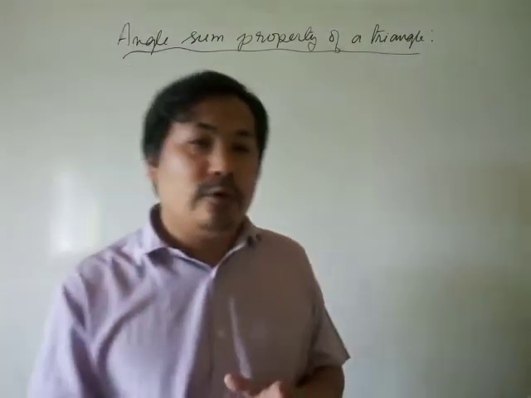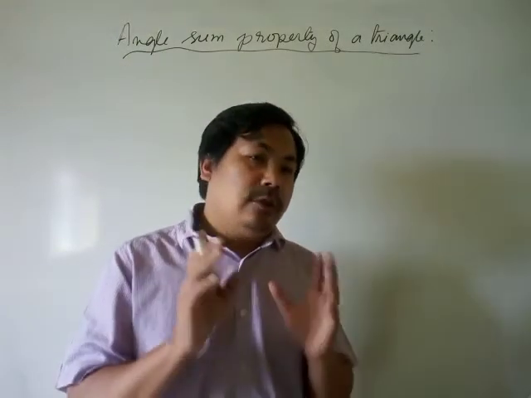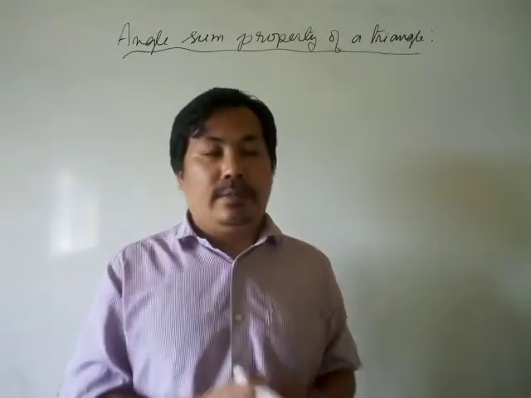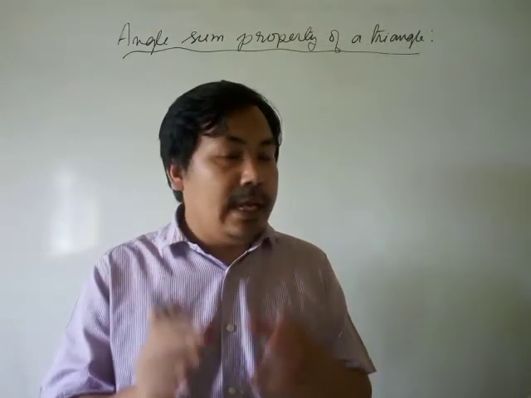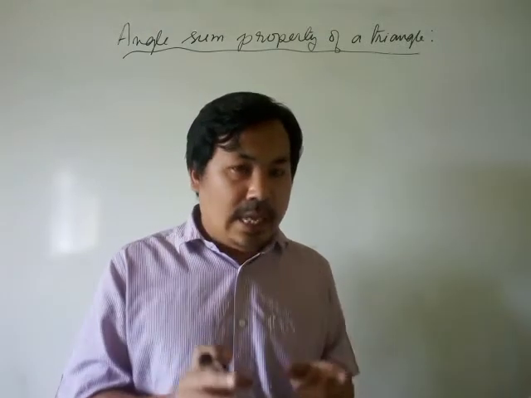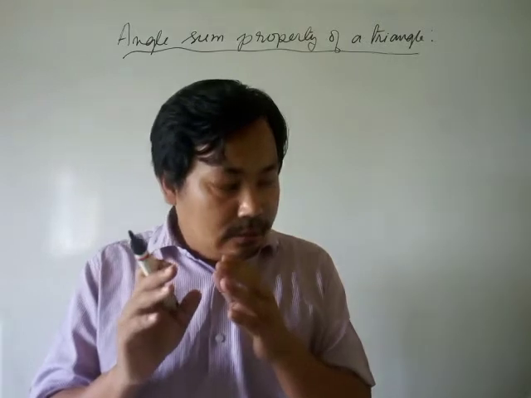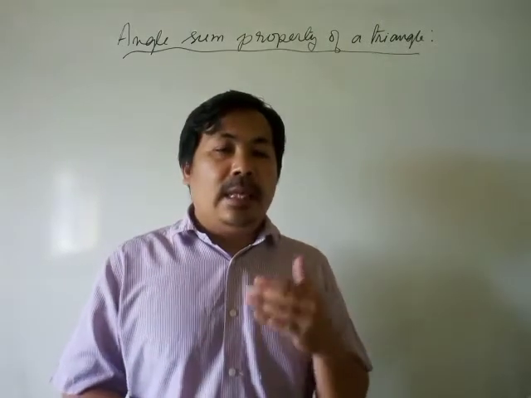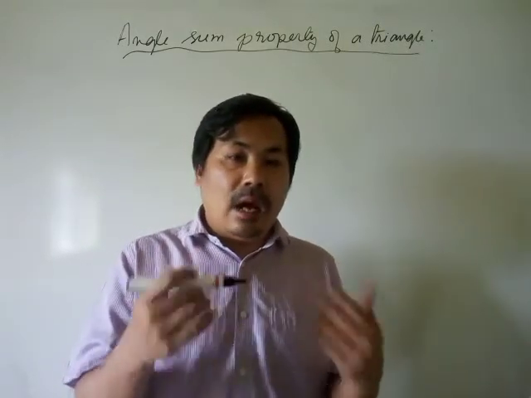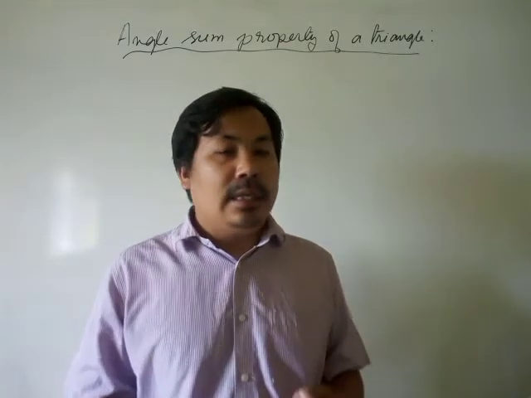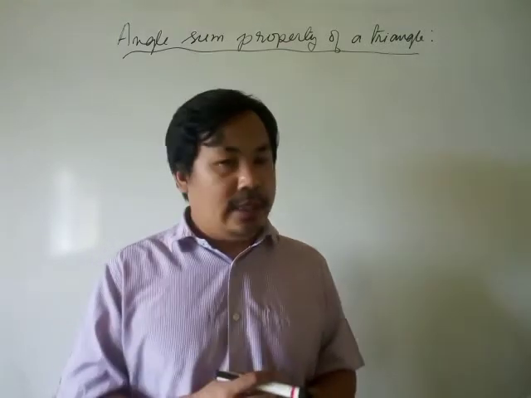The angle sum property of a triangle is nothing but that there are three angles in a triangle. When you add all the angles of the triangle, we know there are three angles in a triangle, isn't it?